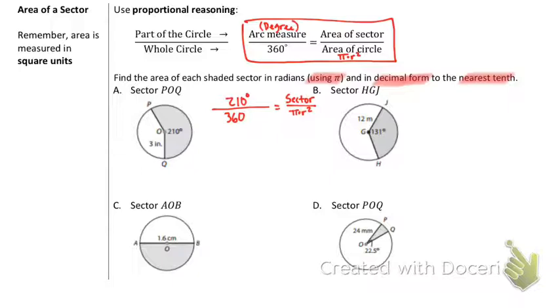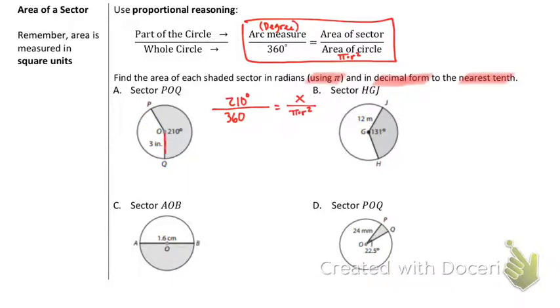Okay. We are trying to find the sector. So we don't know the sector, so I'm going to put it as X, the sector area. So let's erase this. We don't know what this is, so we'll put X in its place. And then we're going to find the area of the circle, which is pi times r squared. So we need to know what r is. And remember, r is the radius, so it's the center to the edge.